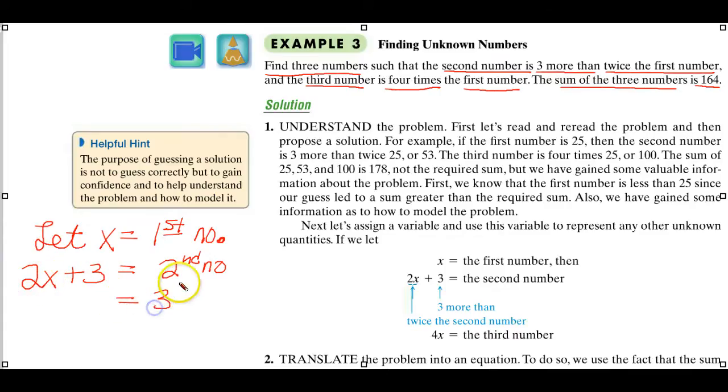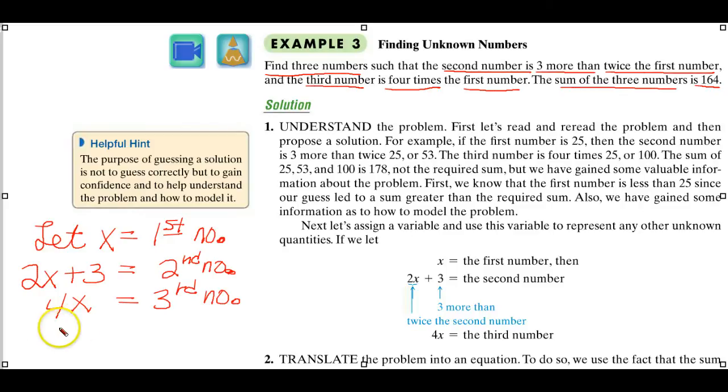Now the third number is 4 times the first number. And we had pieces of this in chapter 1. So here's the first number, algebraically, the second number, the third number.